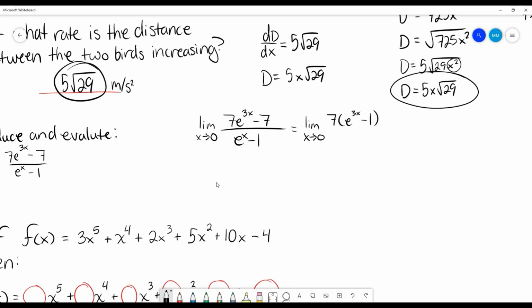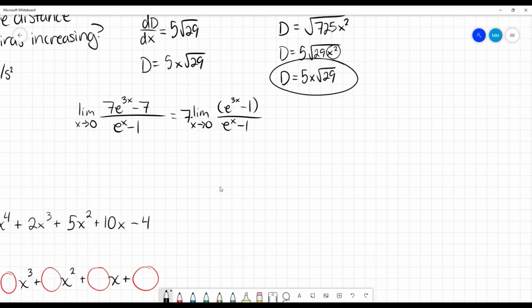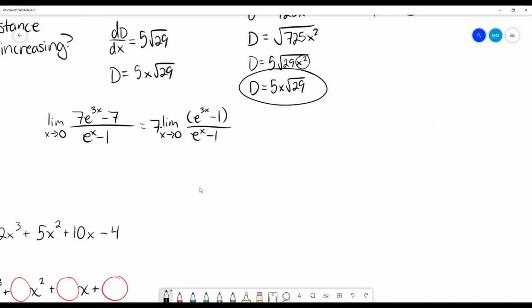And I'm actually going to move the 7 in front of my limit, just so that we don't have to worry about it. I'm going to move that in front because it's just a coefficient, so I'm able to do that. So it's 7 times whatever this limit is. And now, I know this isn't the easiest to recognize, but this right here is a perfect cube.